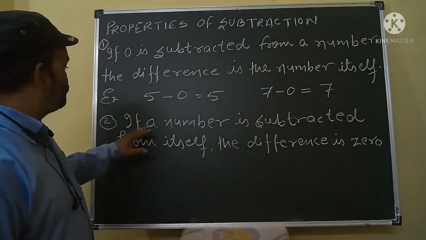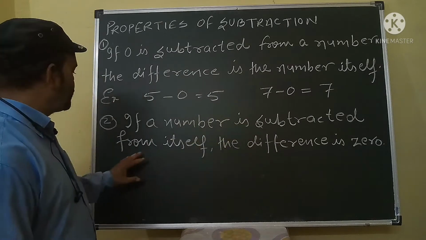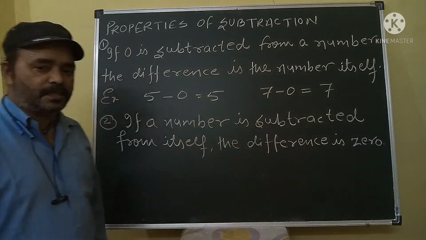Okay. If a number is subtracted from itself, the difference is 0.